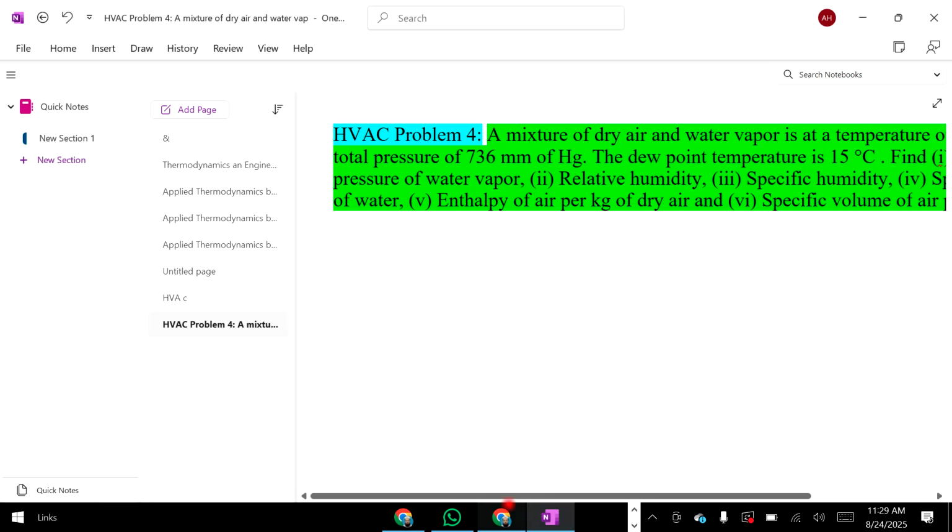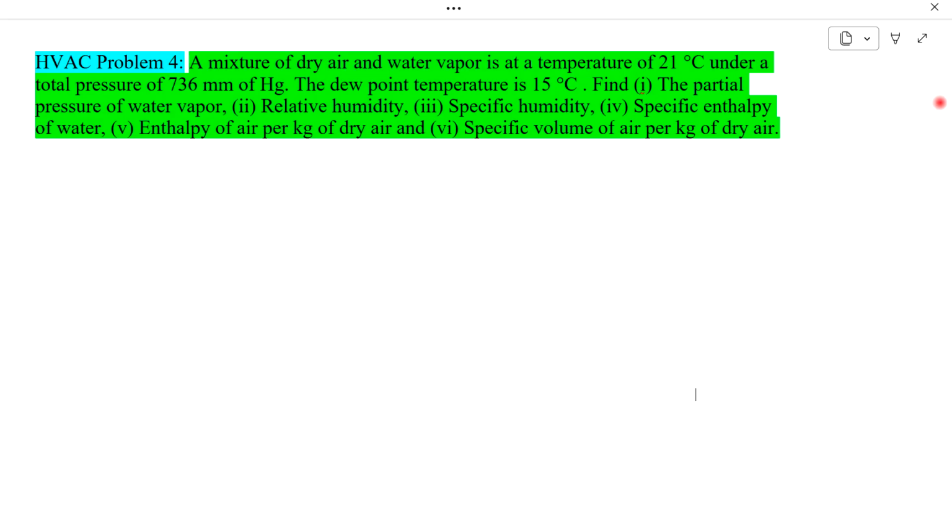Bismillahirrahmanirrahim. In this lecture, we are solving problem 4 from HVAC, heating, ventilation and air conditioning. The statement of the problem is: a mixture of dry air and water vapor is at a temperature of 21 degrees centigrade under a total pressure of 736 millimeter of Hg.